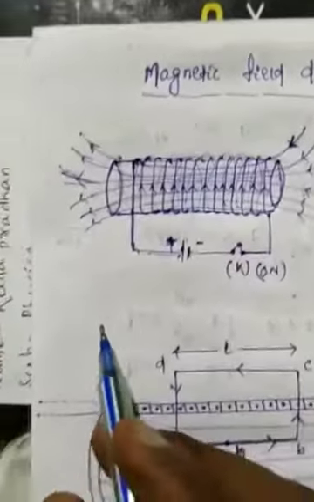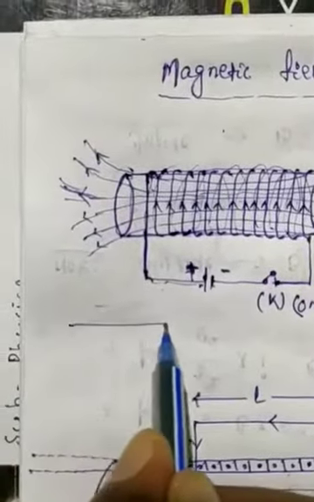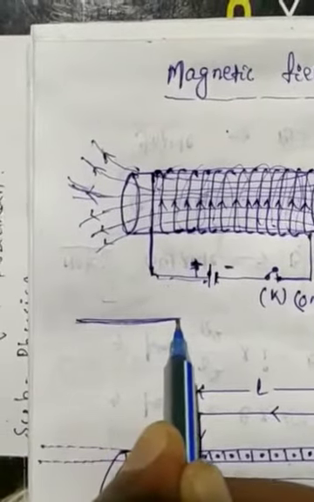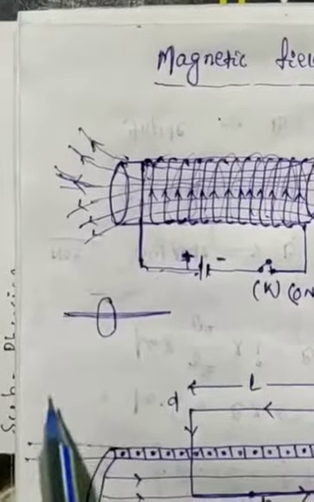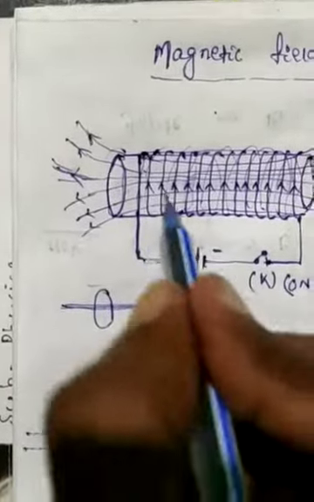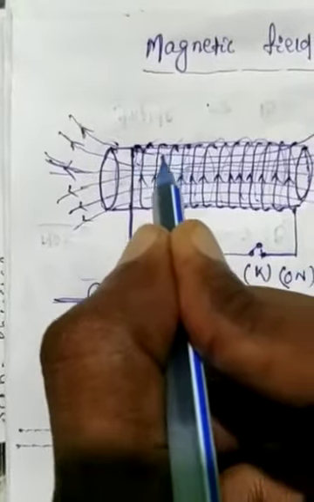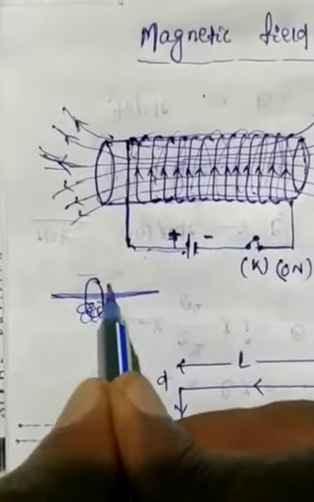But as we know, a conductor carrying current creates a magnetic field around it. Similarly, each and every point of the conductor creates a magnetic field around it.